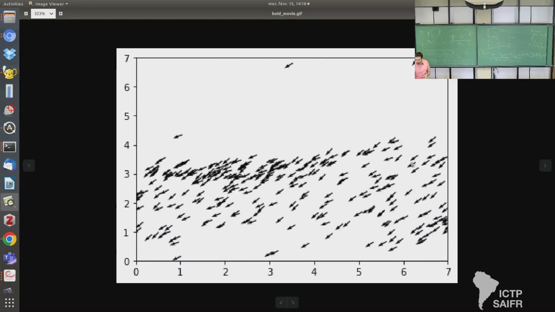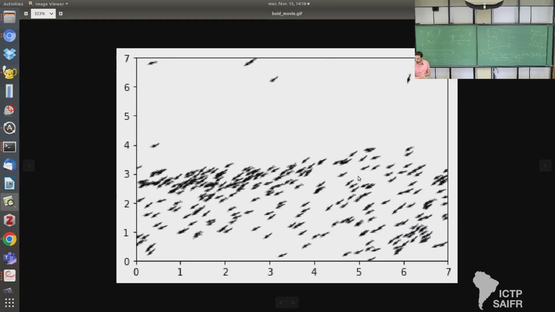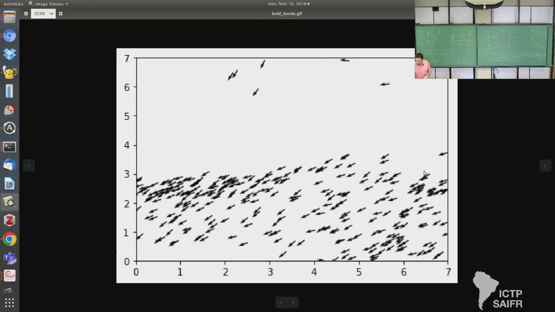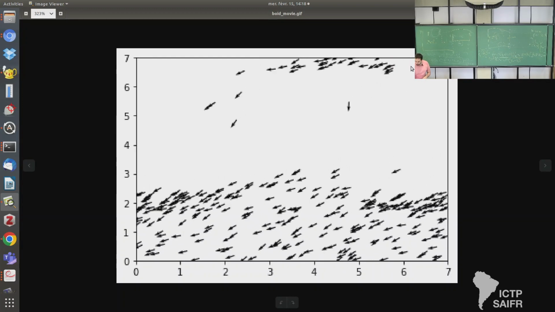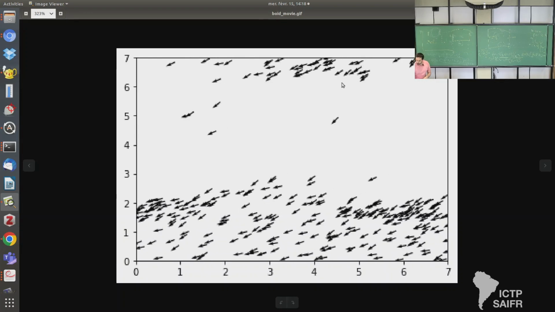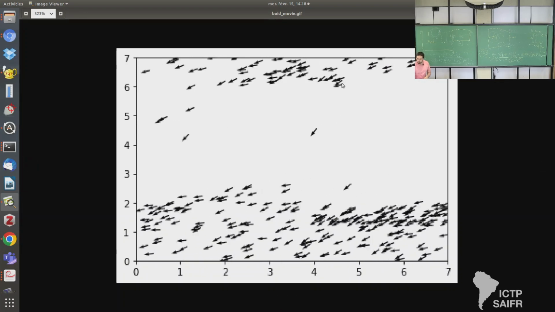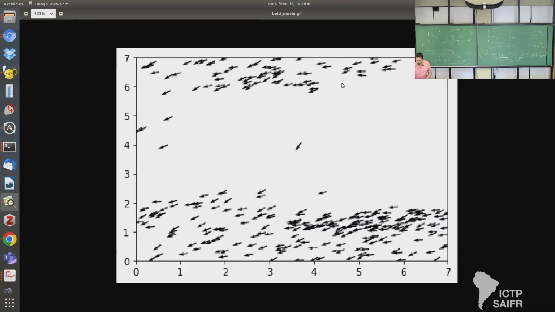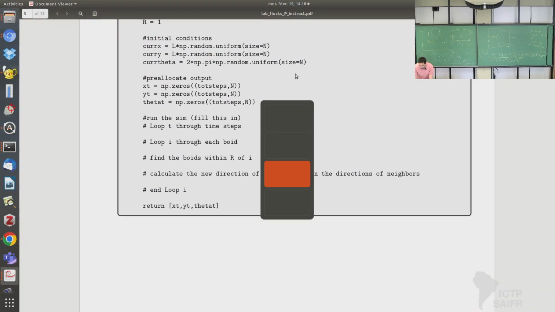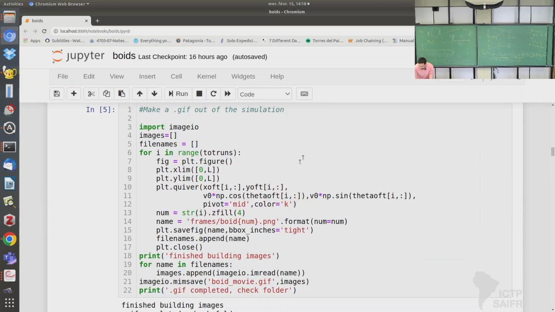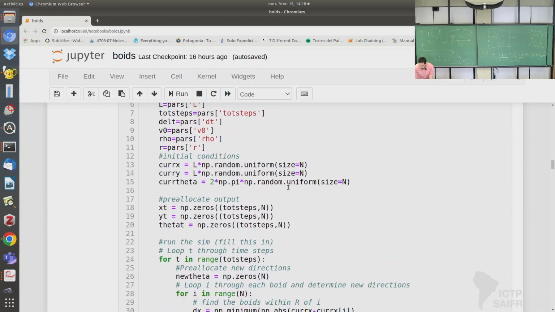Then you end up going all in the same direction. Okay? And you see that when an arrow disappears here, it appears here. So you have periodic boundary conditions. And so you see that with these parameters, you get everything going in the same directions.